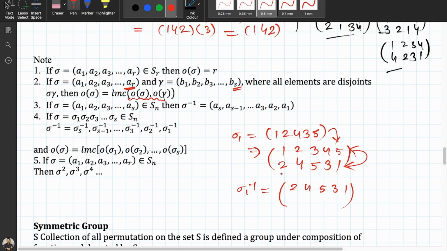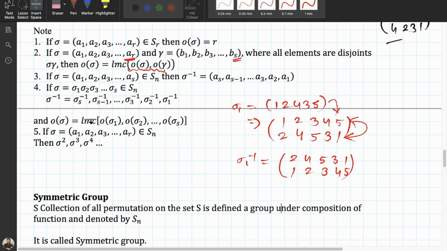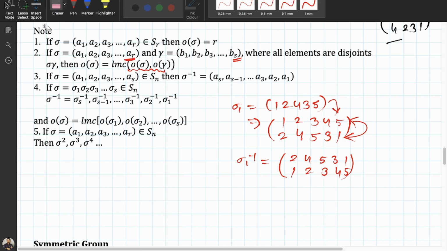Now just swapping means the place should not change, so here 1 2 3 4 5. Okay, can I write it in the form of a cycle? Yes, I can easily write it. Now do one thing from here: just convert this into the standard form. The standard form is that every time the top row is 1 2 3 4 5, because it should be in the standard format.